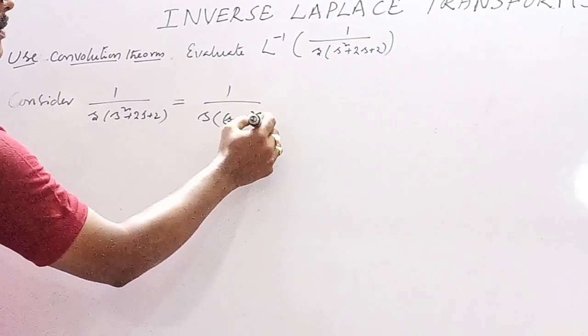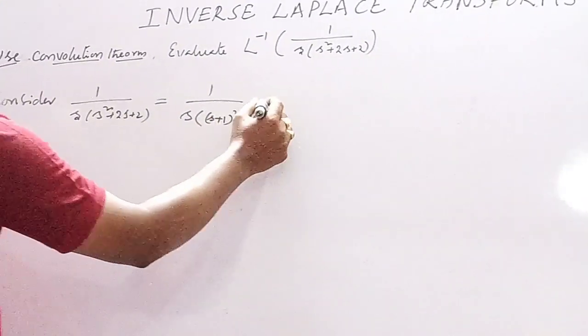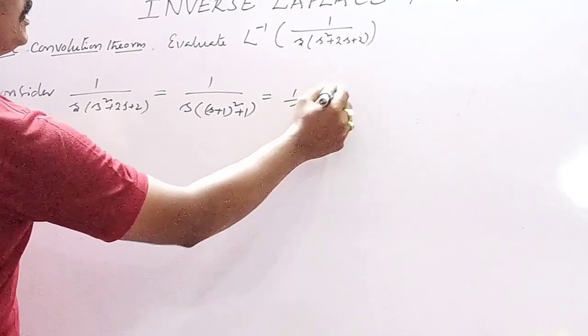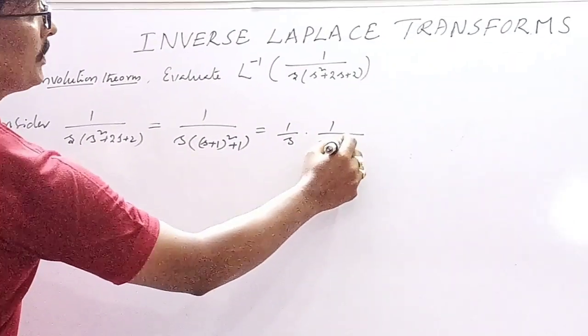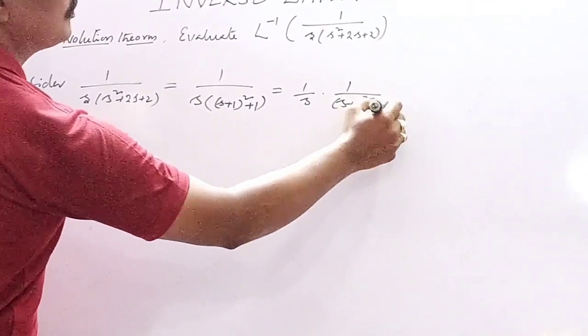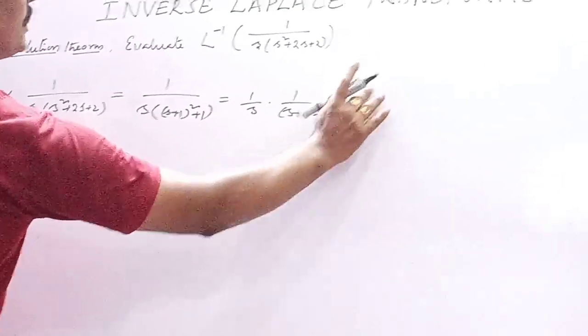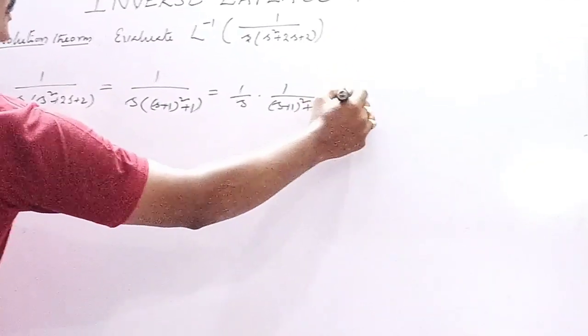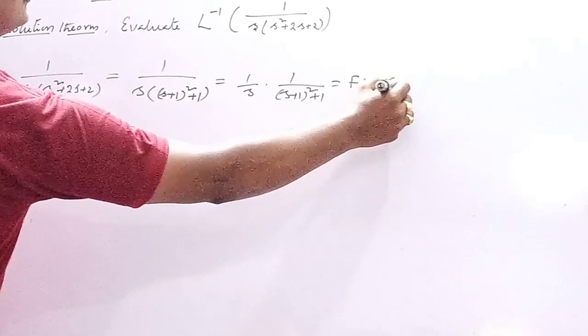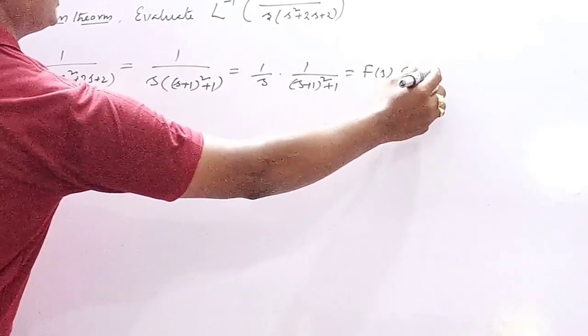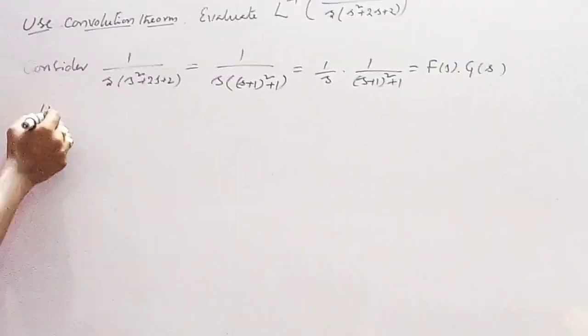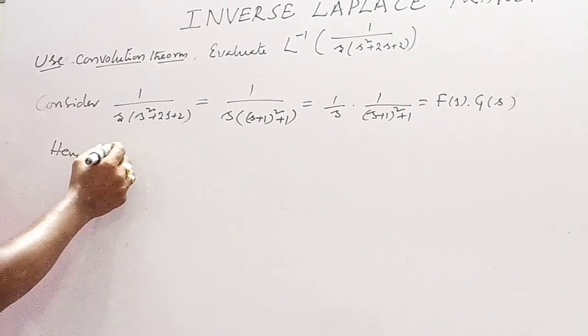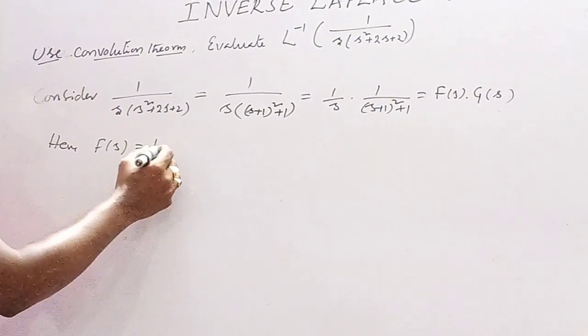So this is equal to 1 by s into 1 by s plus 1 whole square plus 1. Say the first one is F of s, into G of s.